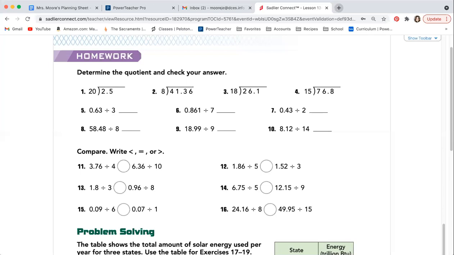So maybe consider tipping your loose leaf paper one turn so that you can have columns that act like place value holders, right? So that's a suggestion for long division, or graph paper. Some people like to use graph paper. But either way, the only thing different here with decimals involved is push that decimal point up into the quotient.